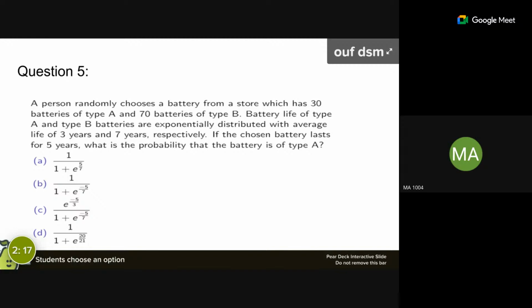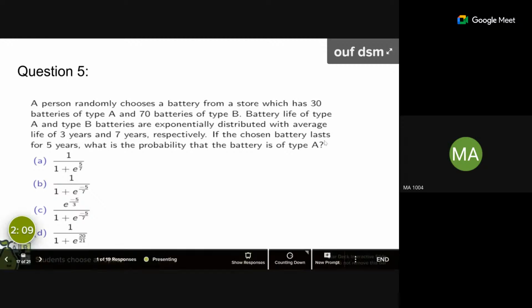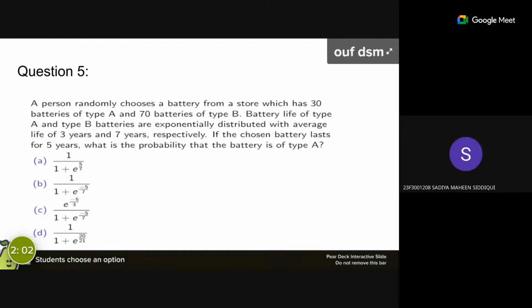Now another random variable also has to be defined. What will the random variable be? The average life of the battery, or just the battery life.